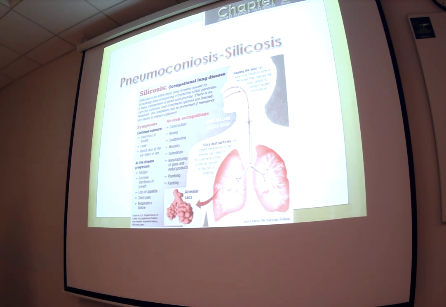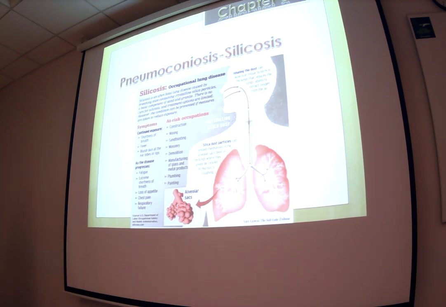In all of these, you're going to notice a similar thing. You're going to inhale that dust or whatever they were doing. It's going to get trapped down in that alveolar sac. It's not going to cause an immediate reaction, and you're not going to notice anything. But slowly, the body's going to notice, hey, this isn't supposed to be here.